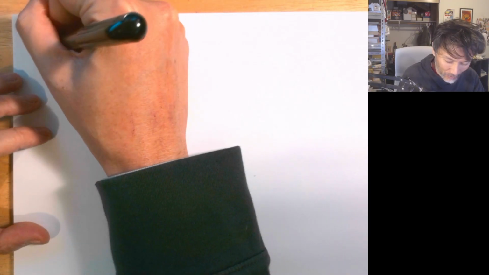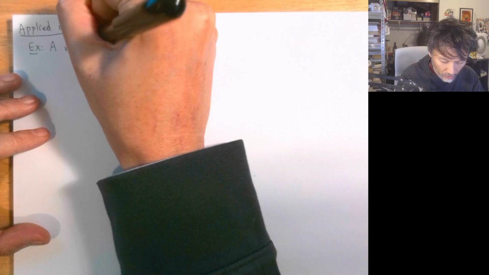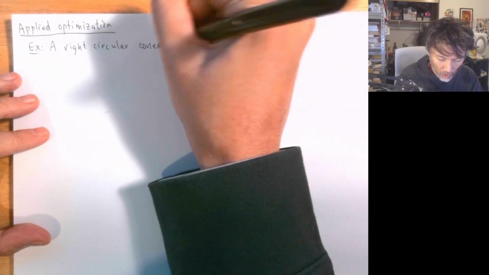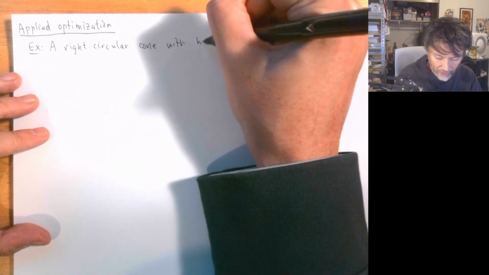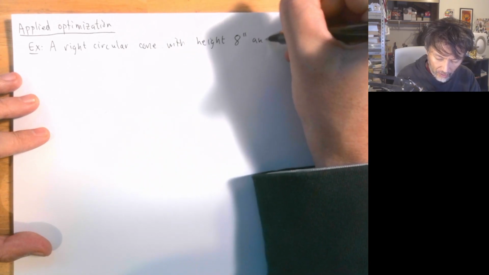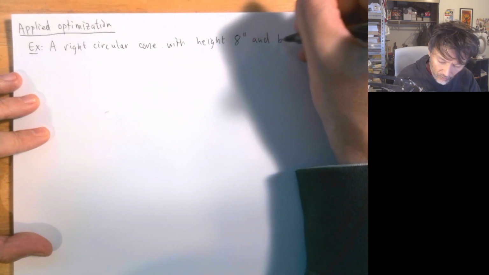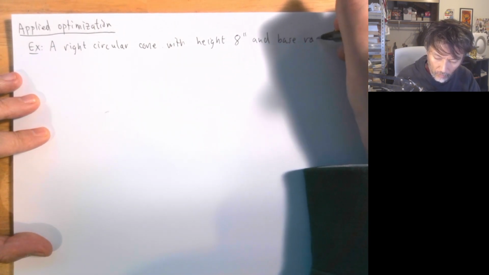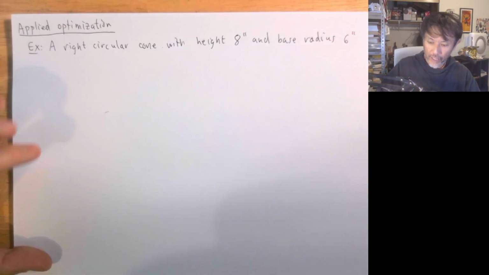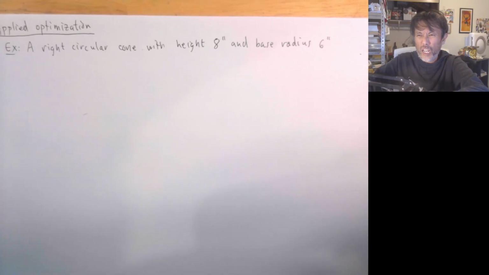A right circular cone with height 8 inches and base radius of 6 inches is to have a circular cylinder inscribed inside of it.